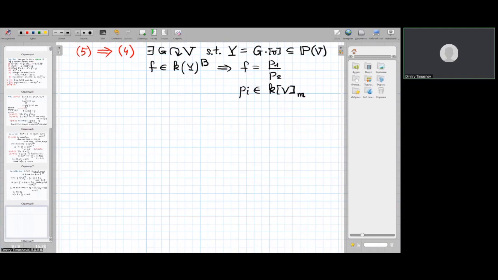Yes, the first line with Y equal to the orbit of some point in the projective space only happens when Y is quasi-projective. But any homogeneous variety for a linear algebraic group is quasi-projective.